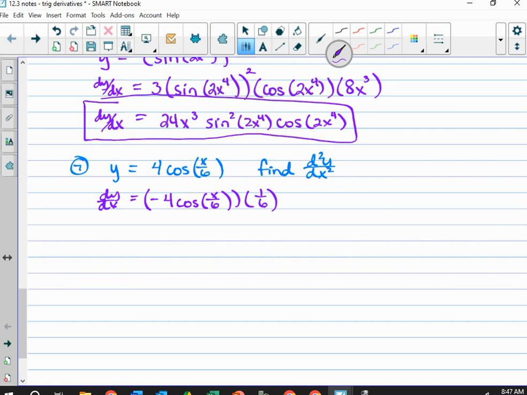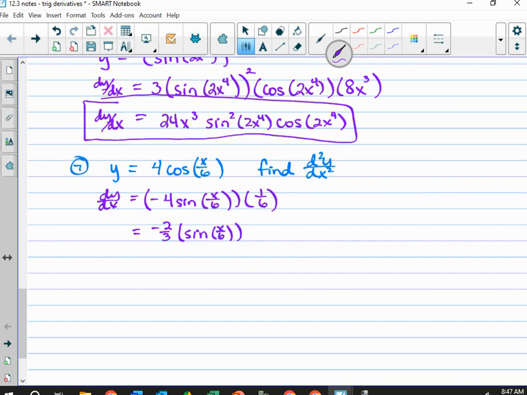All right, so your first derivative, you should get -4, not cosine, sorry guys, sine of x over 6, and then times 1/6. So I can simplify that a little bit. -4 times 1/6, that'd be -2/3 sine of x over 6.